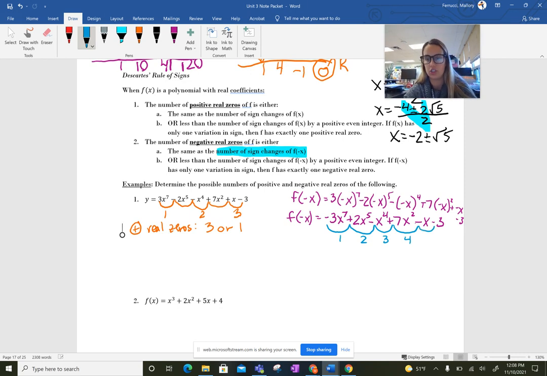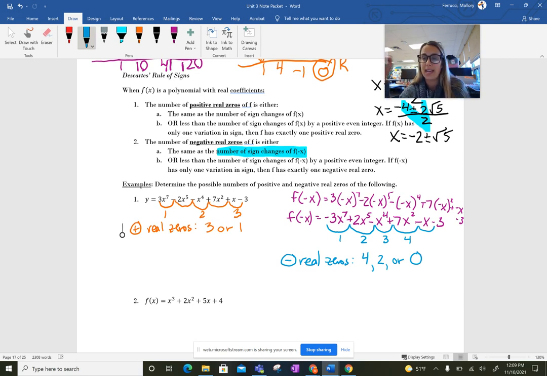This last one doesn't change. So there's a total of 4 sign changes. So for negative real zeros, we could have 4 negative real zeros, 2 negative real zeros, or none.